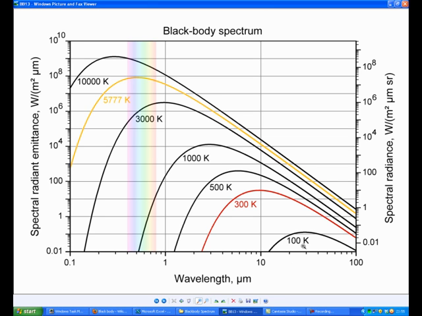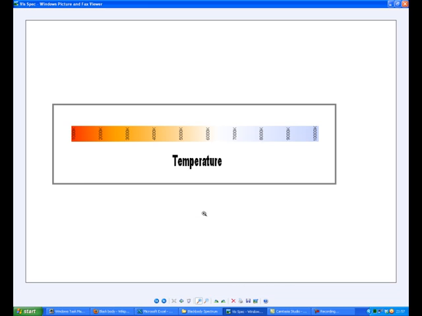And once again, these numbers in Kelvin represent temperatures and the different temperatures of the bodies emitting or absorbing electromagnetic radiation.